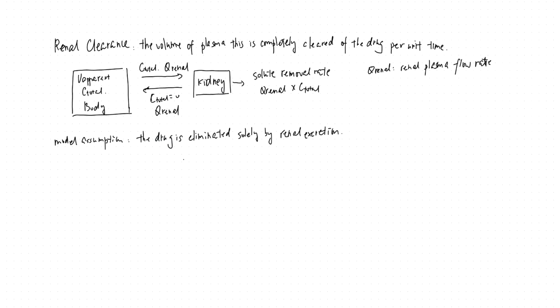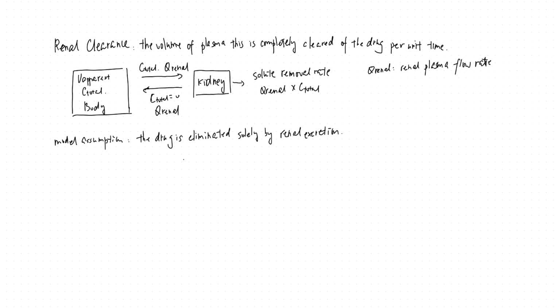And we can write a mass balance equation for the body. If you look at the body as a control volume, the rate of change of the drug in the body should equal the rate at which it is being removed.